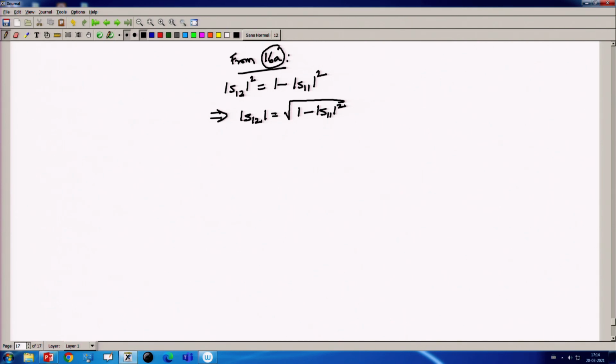Now, as we were saying, how are their phases related? For that let us assume S11 be given by mod S11 e to the power j theta 1.